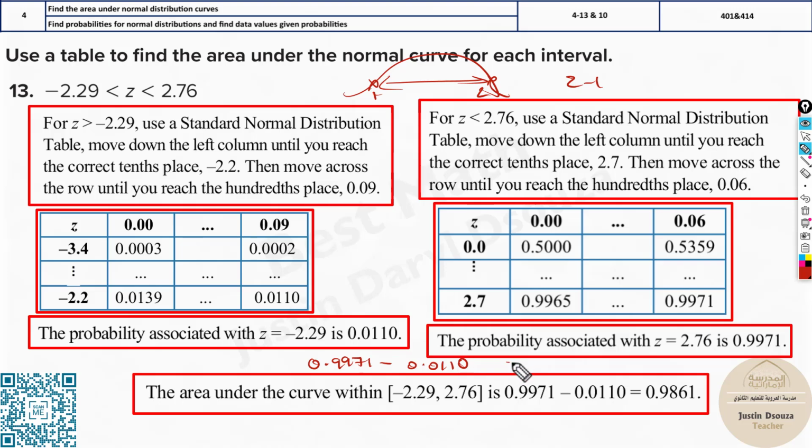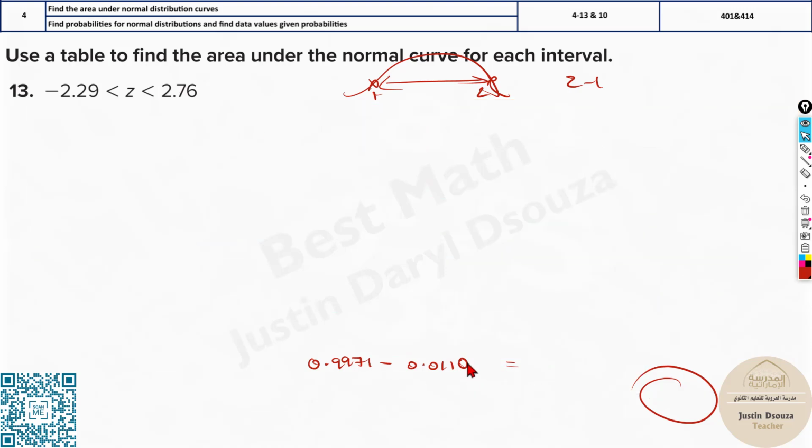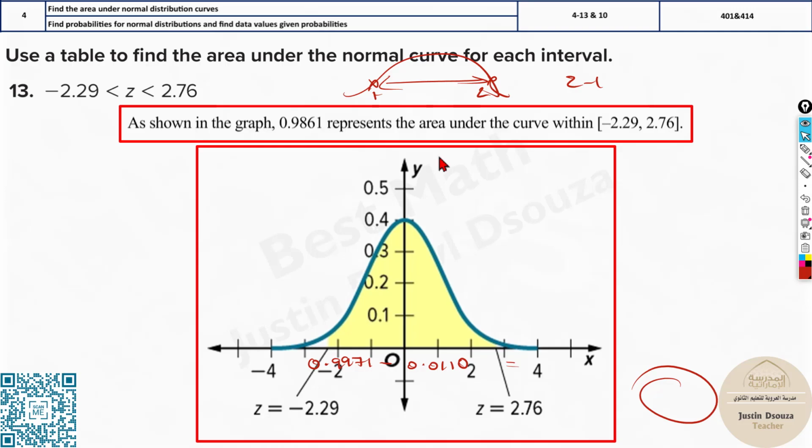If you do this, you will get the answer 0.9861. That is your answer. So the area under these two z values is so much. Now you can see here the yellow part is representing that from here to here.